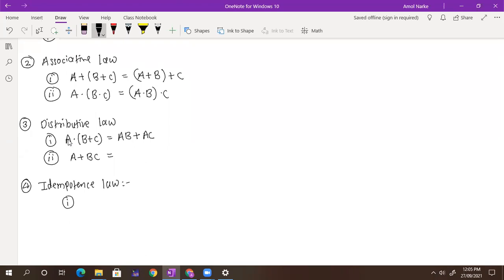It is nothing but A dot A will give you A only, and A plus A also gives you A only. You can try to draw a truth table of that, no problem. Let's verify that. Suppose I have A, only one variable, so either I have 0 or 1.